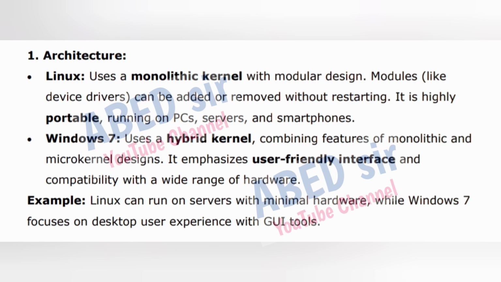Windows 7 uses a hybrid kernel, combining features of monolithic and microkernel designs. It emphasizes user-friendly interface and compatibility with a wide range of hardware. Example: Linux can run on servers with minimal hardware, while Windows 7 focuses on desktop user experience with GUI tools.